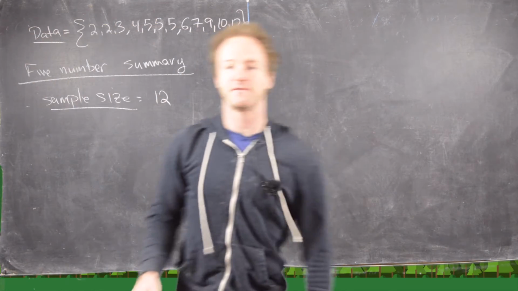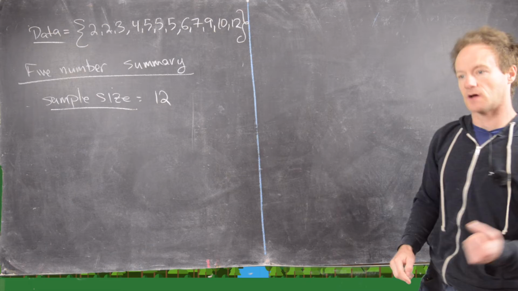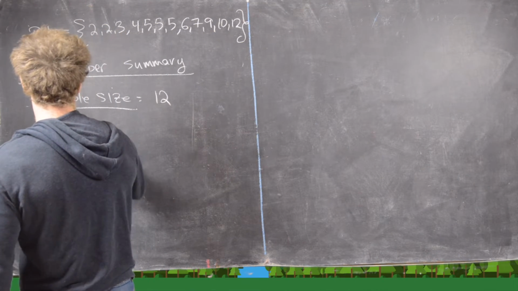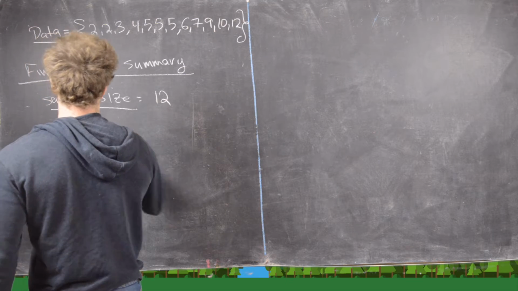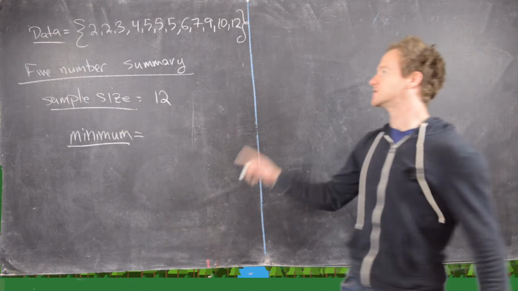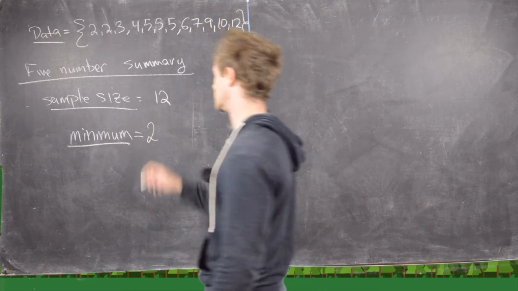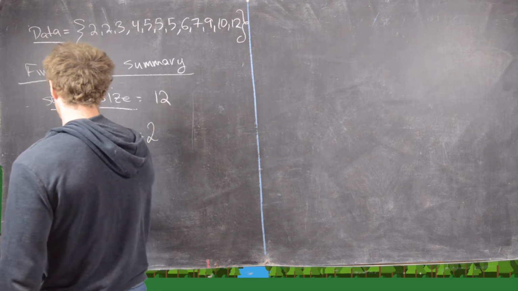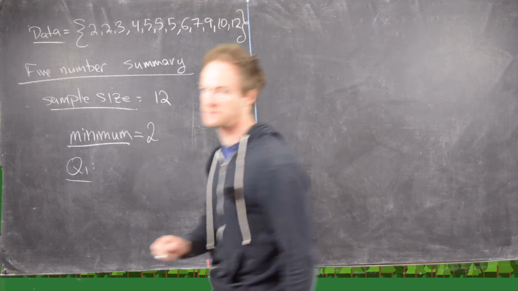And then remember that the 5-number summary has obviously 5 parts. The first one is the minimum, and the last one is the maximum. So those are actually easy to calculate. So the minimum, well, that's going to be equal to 2. And then the next part of the 5-number summary is the first quartile.